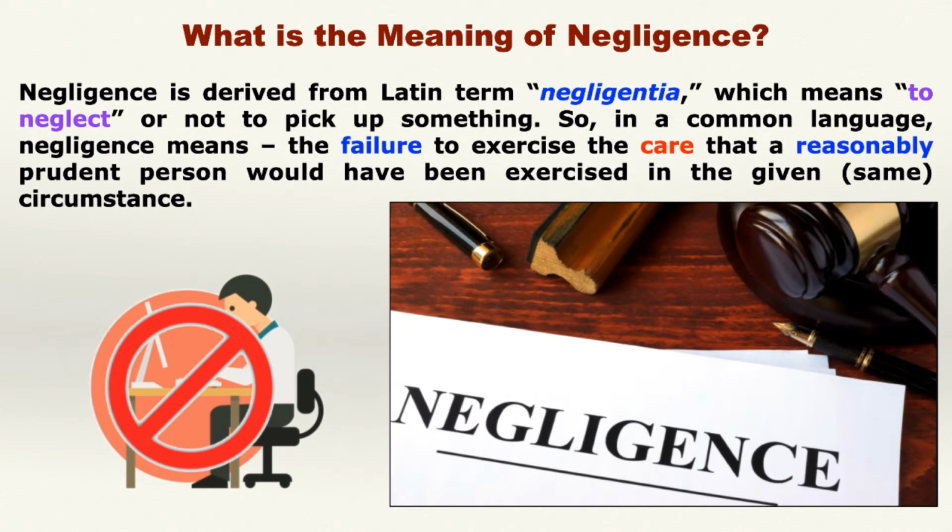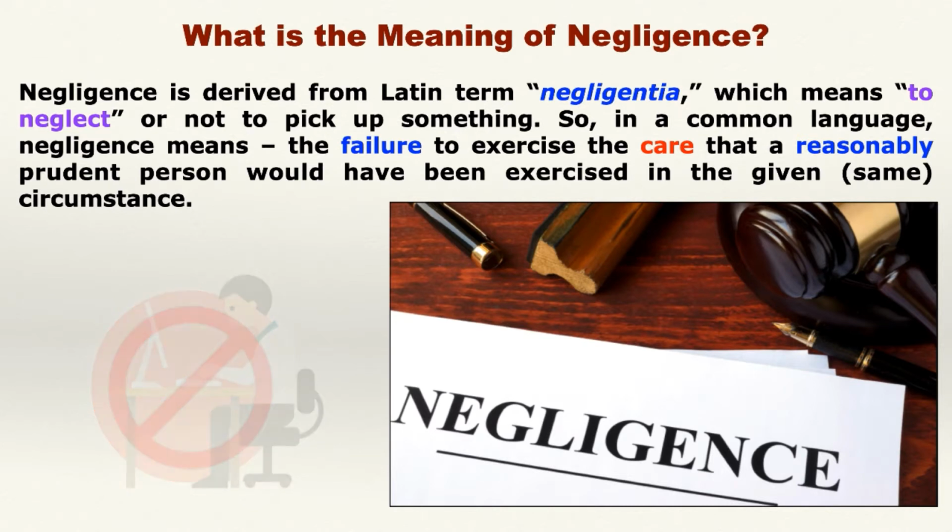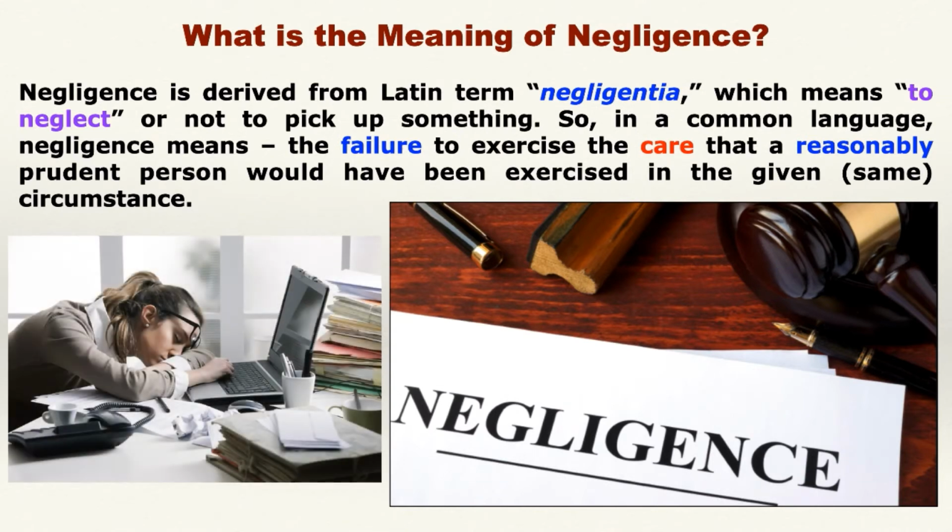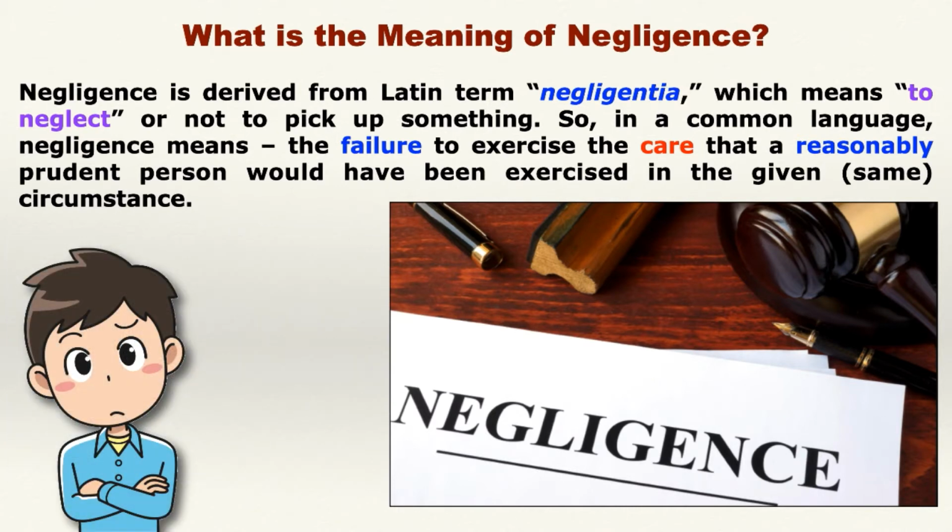If something is beyond your control, we are not discussing that, but if it is in your control and because of your carelessness you couldn't do it, that is your failure to exercise the care that a reasonable prudent person would have taken in that given circumstance, and you didn't take.